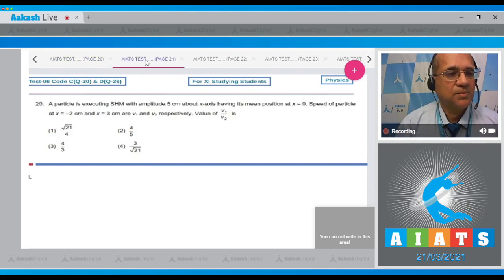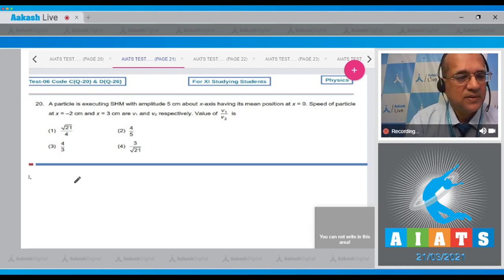Question number 20: a particle is executing SHM with an amplitude of 5 cm about the x-axis, having its mean position at x equal to 0. The speeds of the particle at x equal to minus 2 cm and x equal to 3 cm are v1 and v2. Find the ratio of v1 and v2. Now see, the speed at any instant, v, is equal to omega root of a square minus x square.